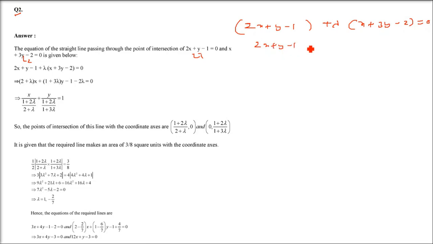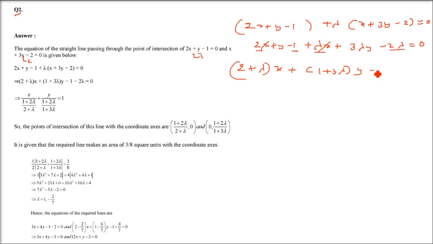This will be 2x plus y minus 1 plus lambda x plus 3 lambda y minus 2 lambda equals 0. Now take the x terms together. So you get (2 plus lambda)x, and now for y you take common 1 and 3 lambda.